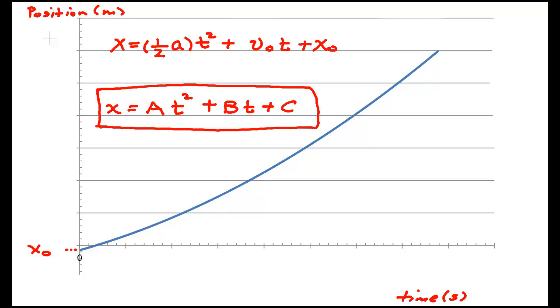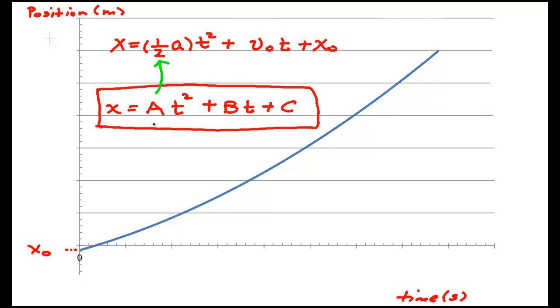I want to look at those three coefficients for a second. This coefficient a corresponds to 1/2 times the acceleration of the object. So if you find a, then if you multiply it by 2, you can get the acceleration of the object. An example of that would be free fall.